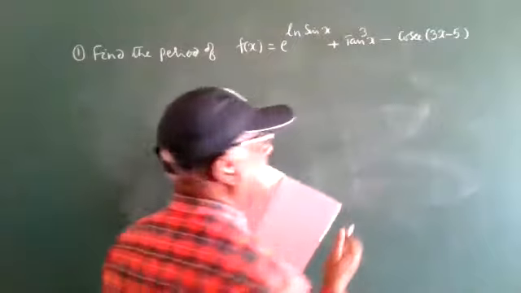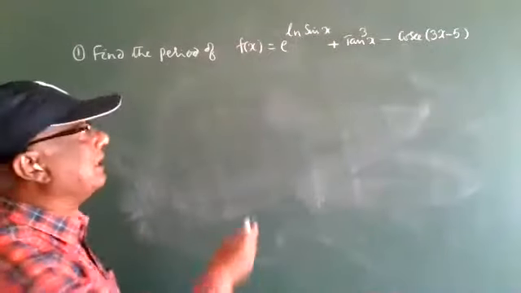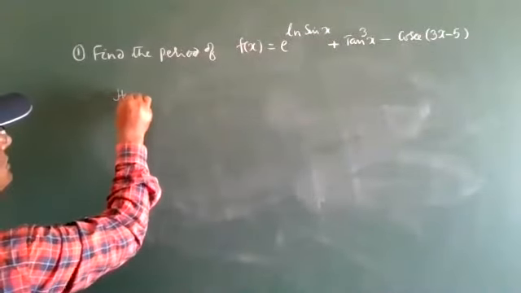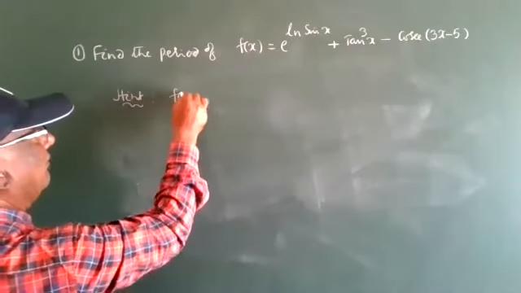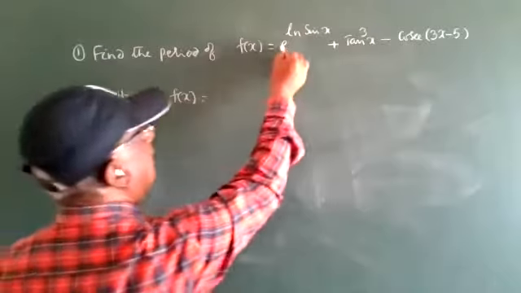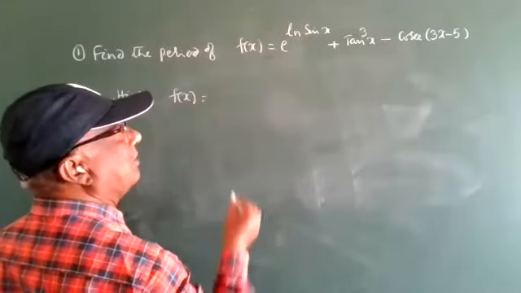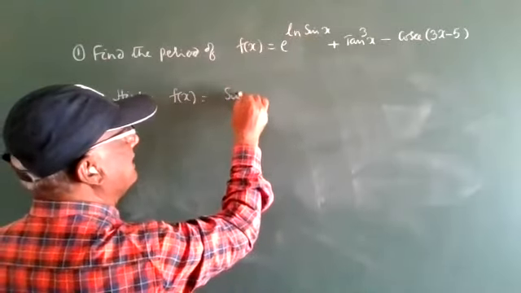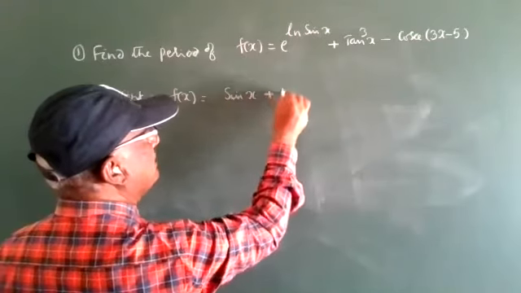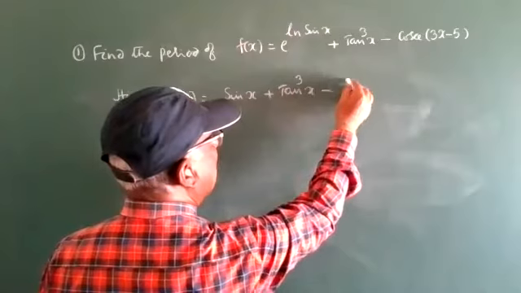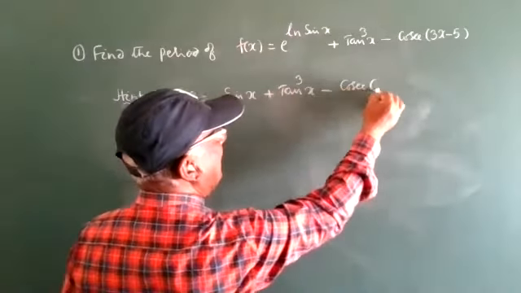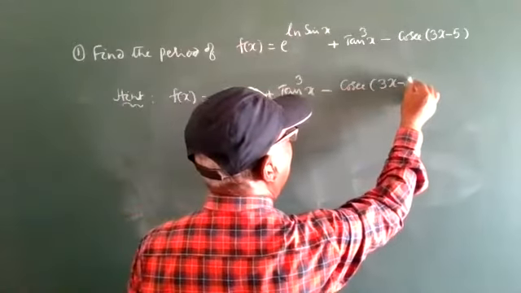Everyone observe, I will write. The hint of this problem: e power ln cancel each other, so it becomes sin x plus tan cube x minus cosecant of 3x minus 5.